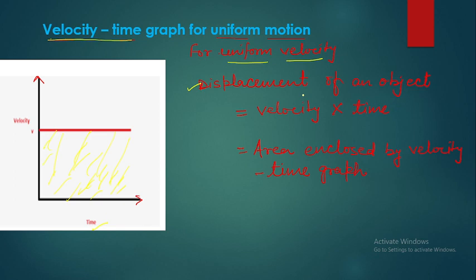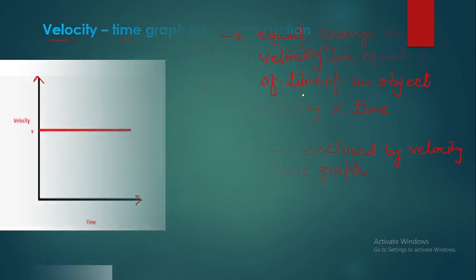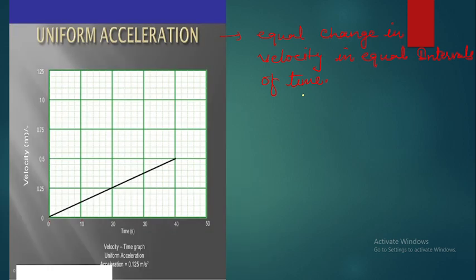We can also study uniformly accelerated motion by plotting its velocity time graph. Uniform acceleration means equal change in velocity in equal intervals of time. Here, the velocity time graph is also a straight line inclined to the time axis.